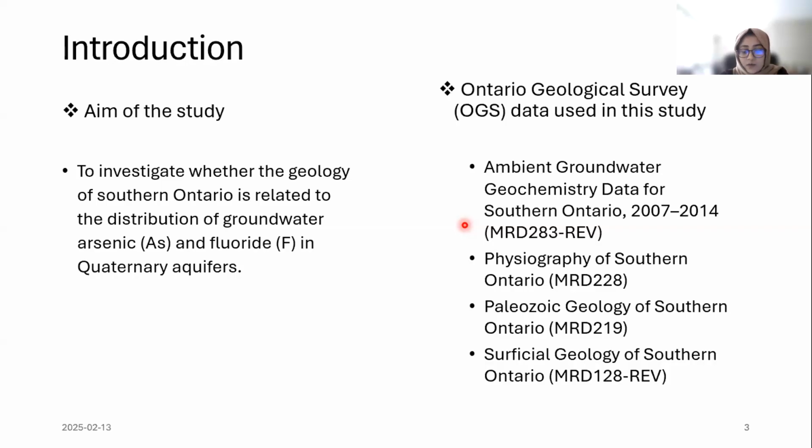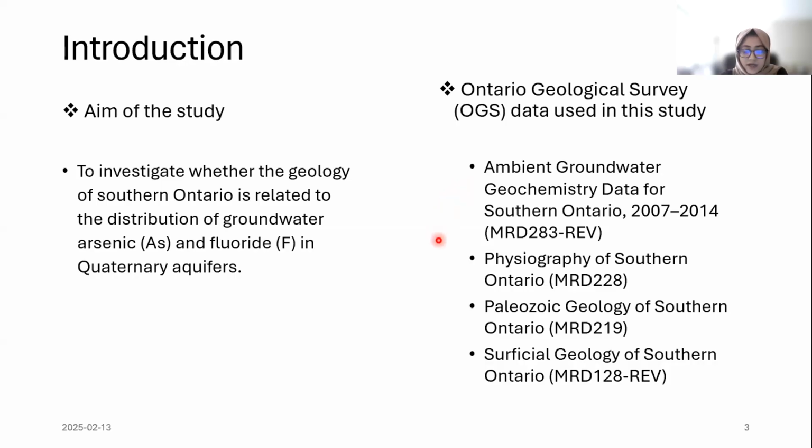So in our study, we focused on two groundwater quality constituents, arsenic and fluoride. As the main data source, we used the Ontario Geological Survey's ambient groundwater geochemistry dataset for Southern Ontario. The purpose of this study was to investigate whether the geology of Southern Ontario is related to the distribution of groundwater arsenic and fluoride.